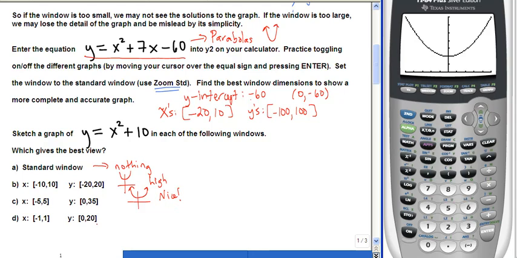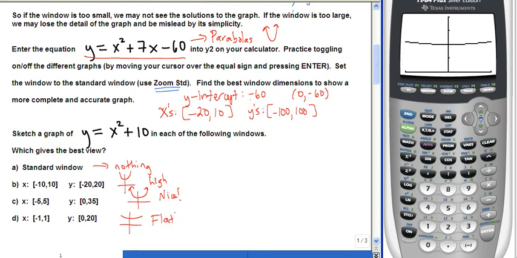Okay, let's try the last option and see what happens if we change our x's to negative 1 to 1. So x-min of negative 1, x-max of 1. And I'm going to change my y's to go from 0 to 20 and hit Graph. By narrowing that x window from negative 1 to 1, what we're really doing is zooming in a little bit, and we're seeing this really flat looking graph.